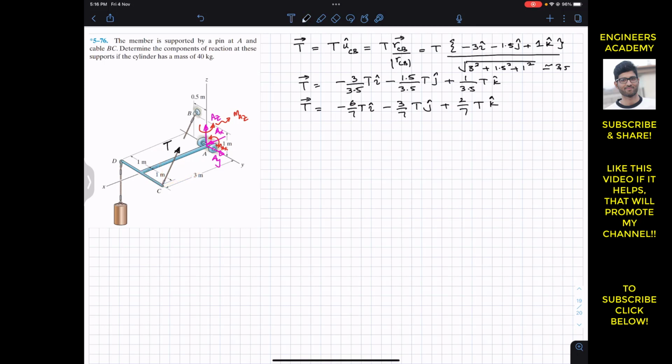So let's represent all those components. This is Tx, the component of T along the negative x. This is Ty, and this is Tz.